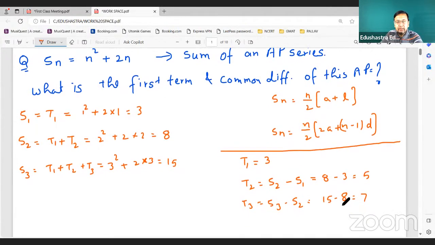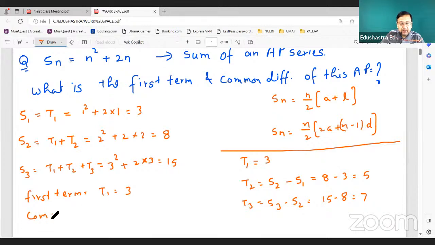What I need to calculate is the first term and the common difference. So the first term T1 is 3, and the common difference is the difference of any two terms, which is 2.